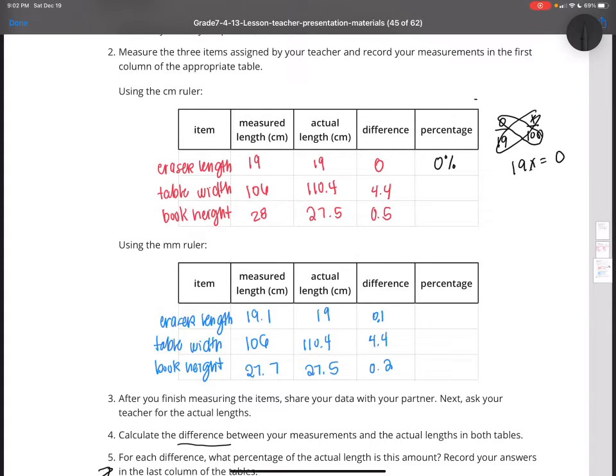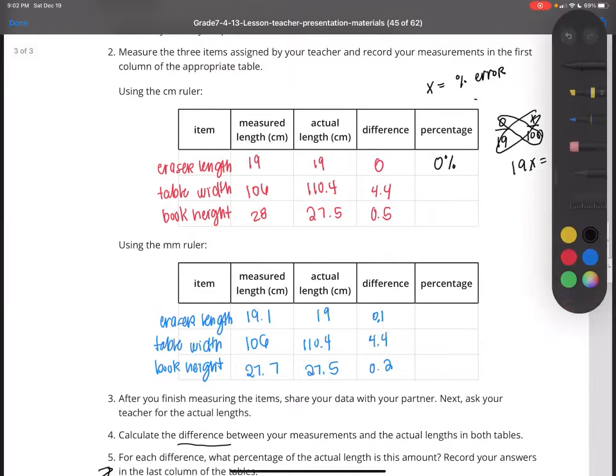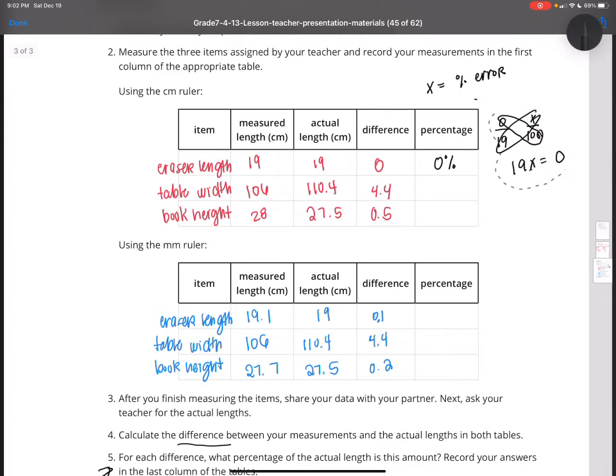Now, I'm going to put at the top that x is going to represent the percent error. I know this lesson didn't introduce this term just yet, but that's technically what we're finding, the percent error. Okay, so now let's look at the second one.